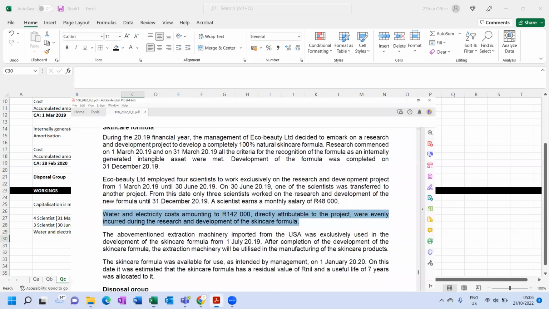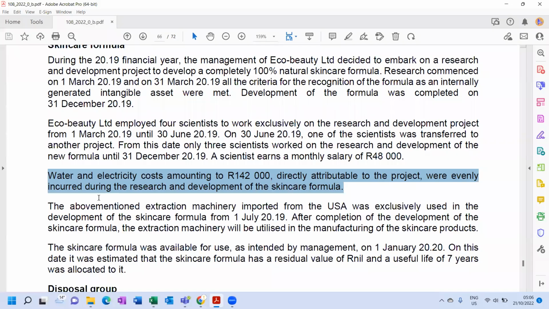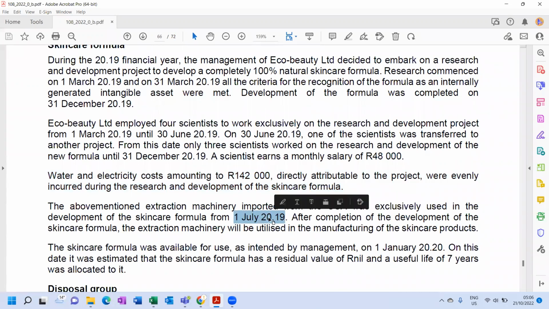The last thing we must do is that they tell us here the above extraction machine was exclusively used for the skincare from 1 July 2019. So therefore, from 1 July 2019, any depreciation we will include.